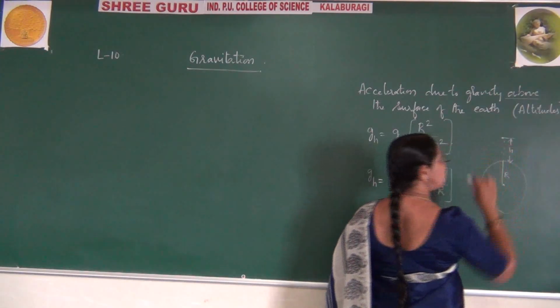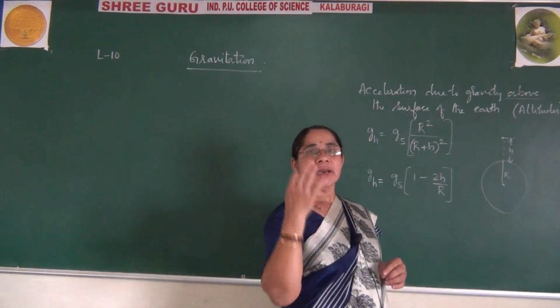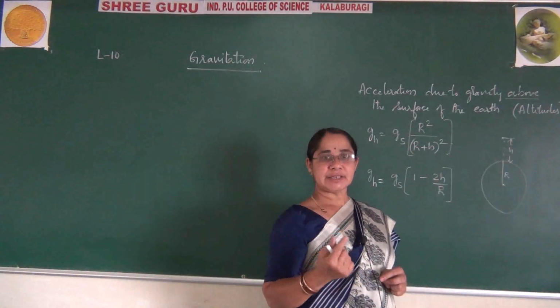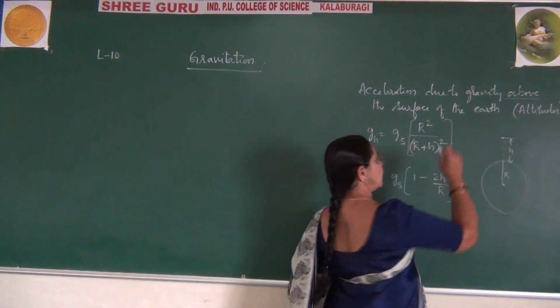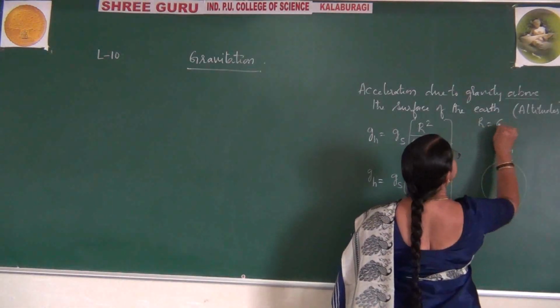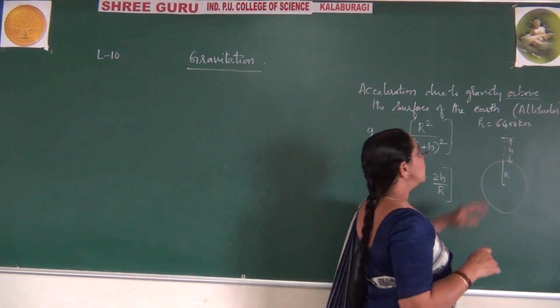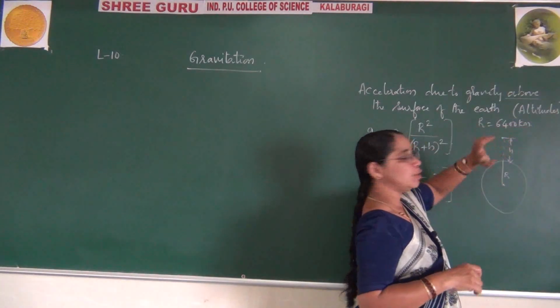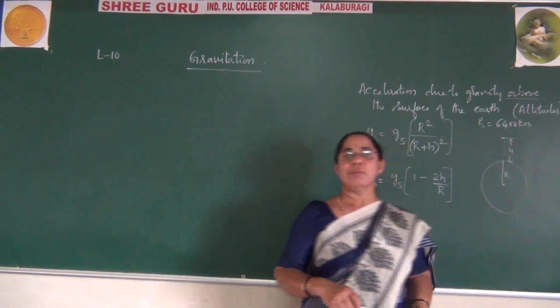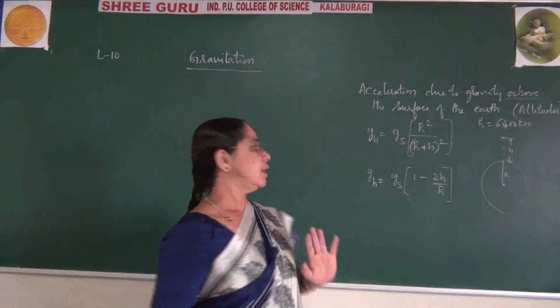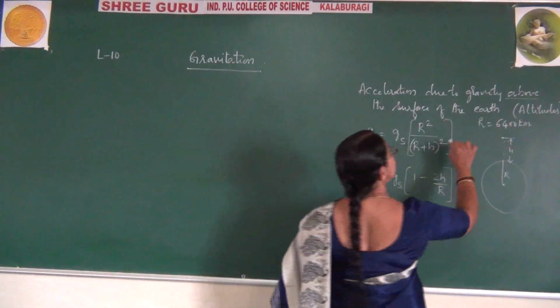So if h is nearer to the radius of the earth, where we know R is equal to 6,400 kilometers, if it is crossing more than 3,000, more than 4,000, 5,000 like this, at that time we have to select this formula.